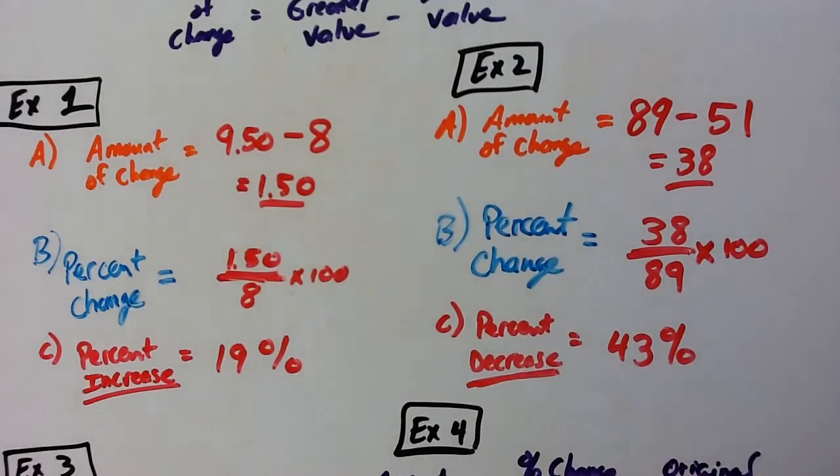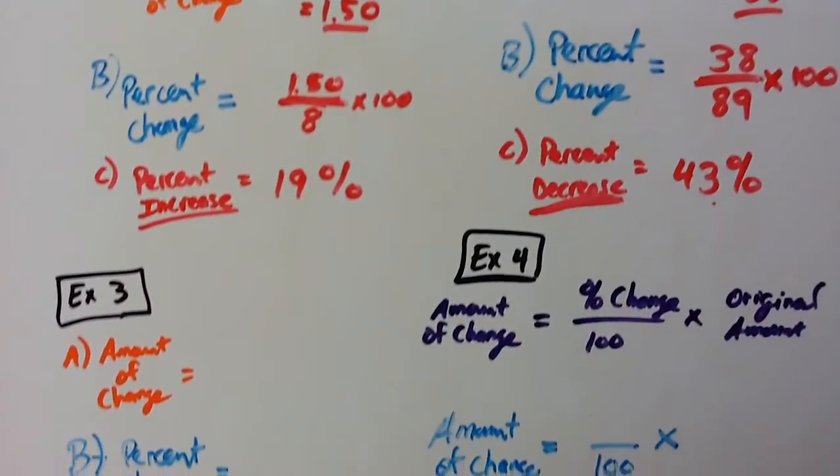This is a percent decrease because the distance from his workplace has decreased from 89 to 51. It's a 43% decrease.